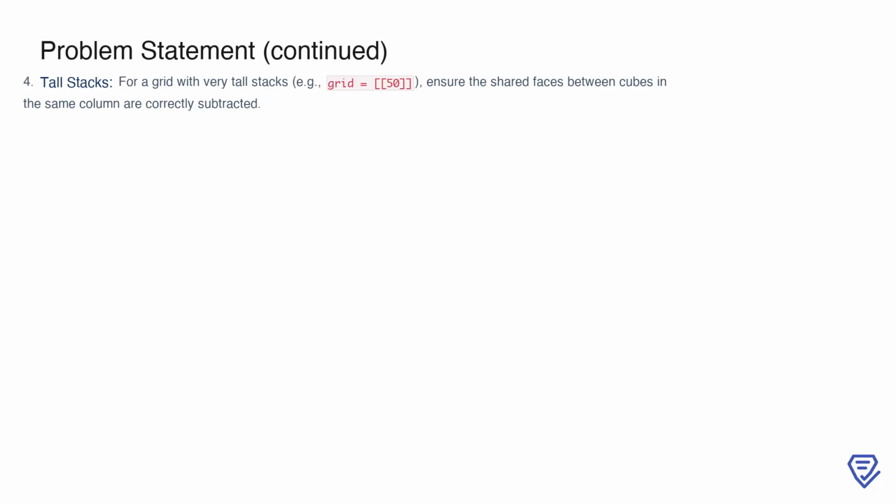For instance, a single cube at grid equals 1 has a surface area of 6, as all faces are exposed. A flat grid with no cubes has a surface area of 0. For taller stacks, such as grid equals 50, the shared faces between cubes in the same column must be subtracted correctly. By carefully considering these cases and constraints, we can ensure our function handles all inputs accurately and efficiently.